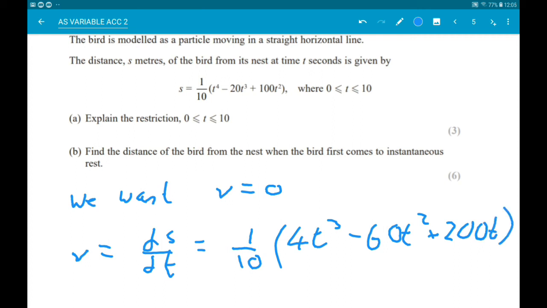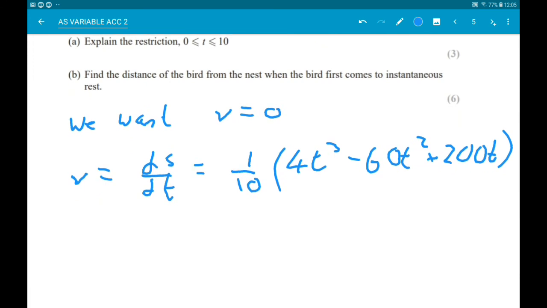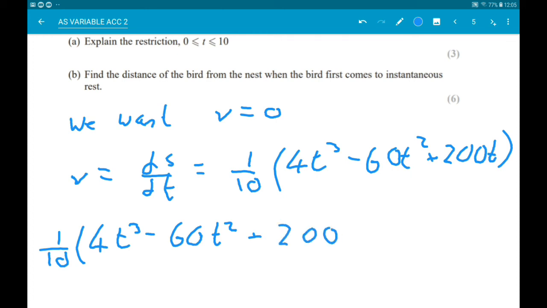Okay, now we want that to equal 0. So, first thing we can do is multiply through by 10 to get rid of that.